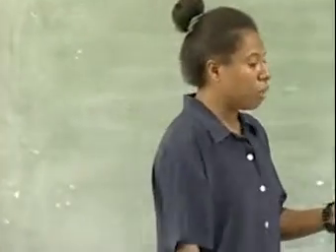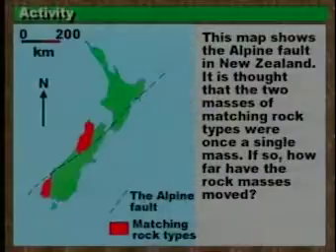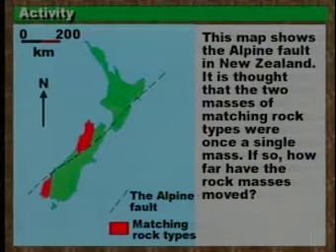For activity 4, you will see a map of New Zealand. So far, we have been looking at different types of plate movements, and here is an example of a fault, which is referred to as a tear fault, and it is one found in the South Island of New Zealand. The red color on the monitor or the black color on your worksheets represents the rocks which have moved along this particular fault, referred to as the Alpine Fault.